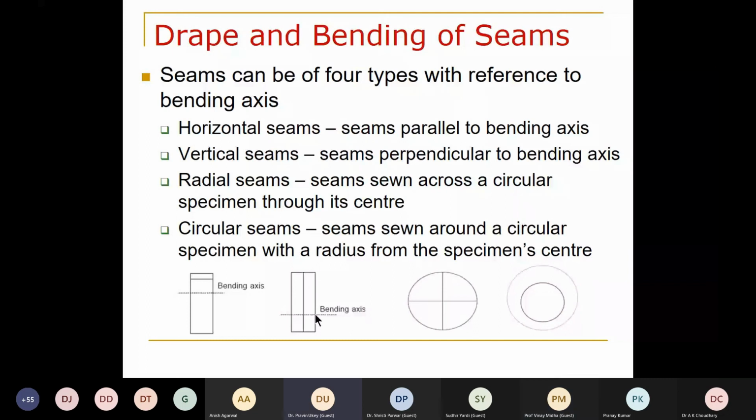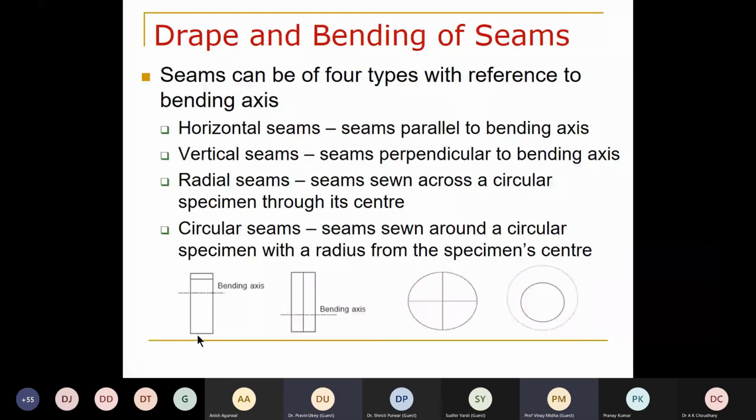So do we have to go for drape and bending measurement, like bending length? If the bending is taking place in the horizontal or vertical direction, then the bending length is sufficient. That can give you a sufficient idea of how the bending is taking place.